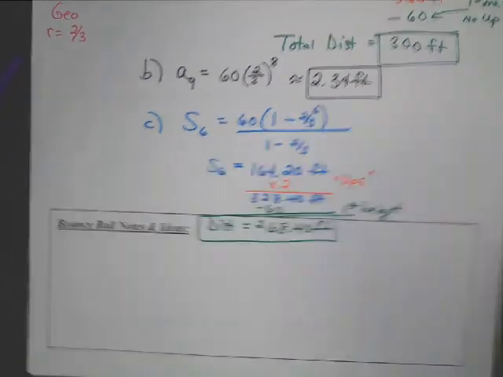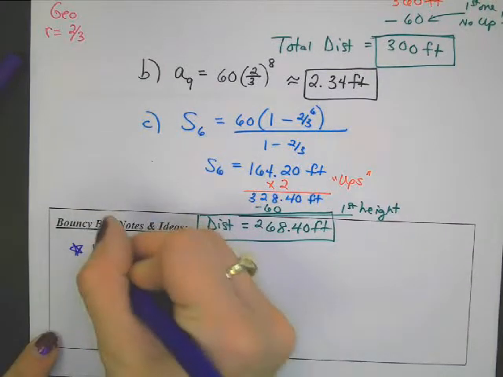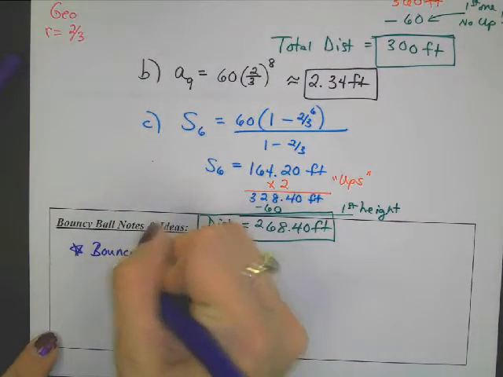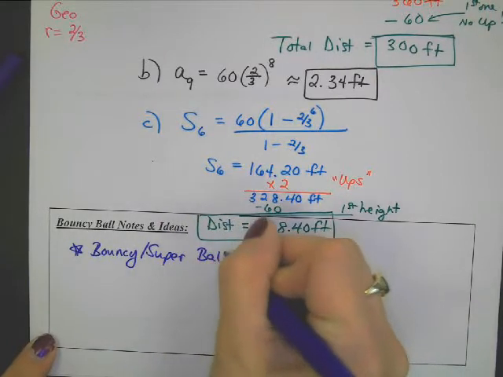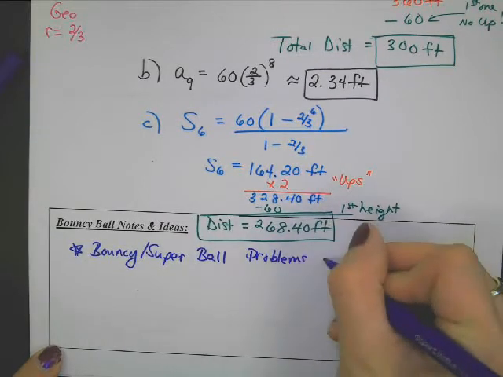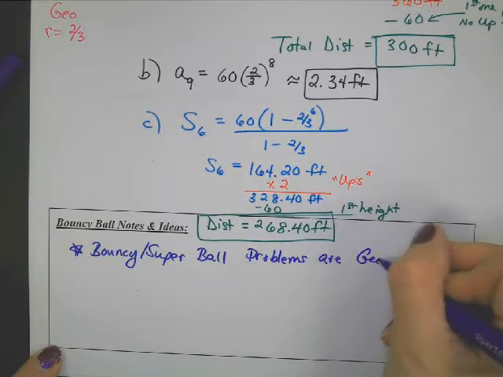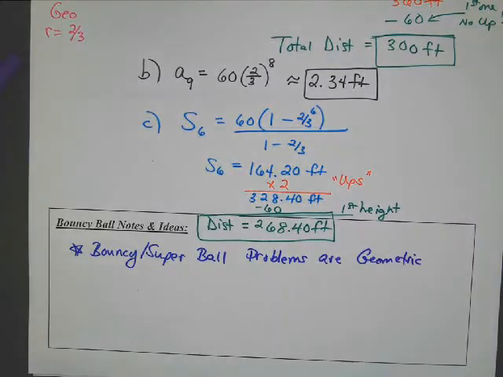Okay, so when you're doing bouncy balls, there's a couple of things we have to remember. Bouncy ball or super ball, whatever you want to call these, problems are geometric. They're geometric because you multiply, multiply, multiply. Okay? What's the second thing we have to remember?